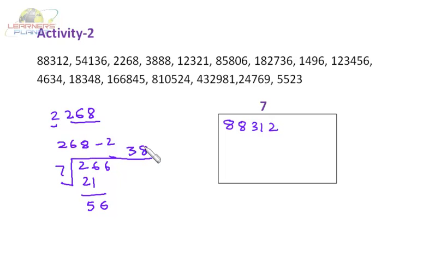Now 7 eights are 56. So we're getting remainder as 0. That means 266 is a multiple of 7, or we can say 266 is divisible by 7. That means the complete number 2268 will be divisible by 7. So just write it over here. Okay.